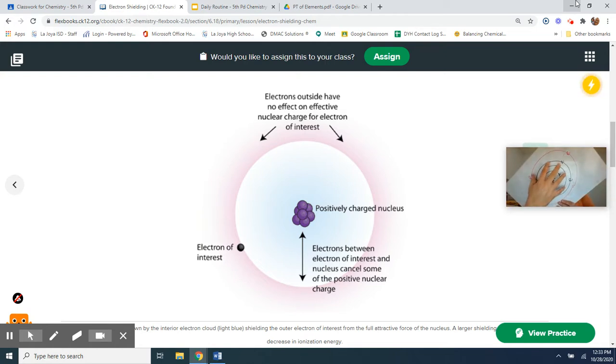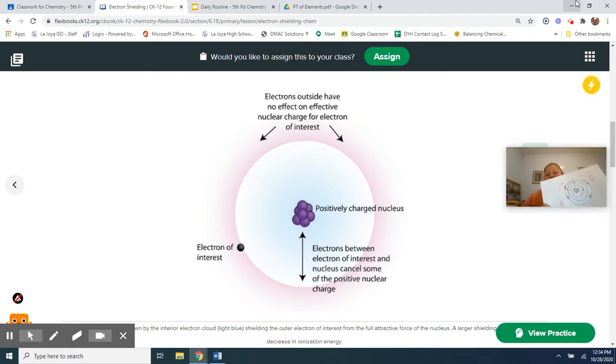You have inner electrons, right? These are your inner electrons. These are the electrons between the outside and the inside, okay? These are the electrons that are going to be doing all the work. These are the ones doing that blocking, that shielding of the nucleus. So they will block the power of the nucleus so that these electrons in the outer orbital, those valence electrons in that outer shell, can easily come off or be removed.